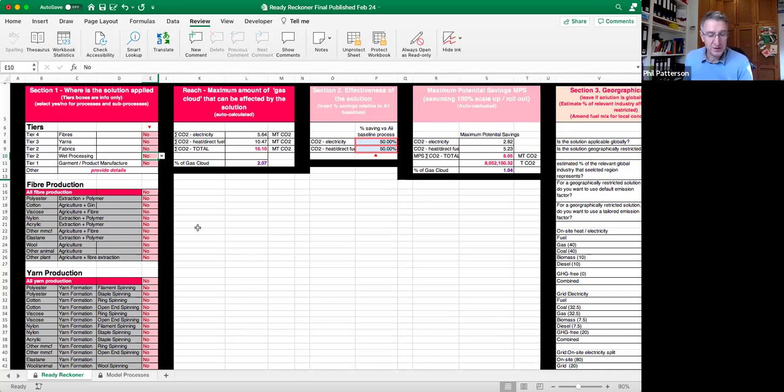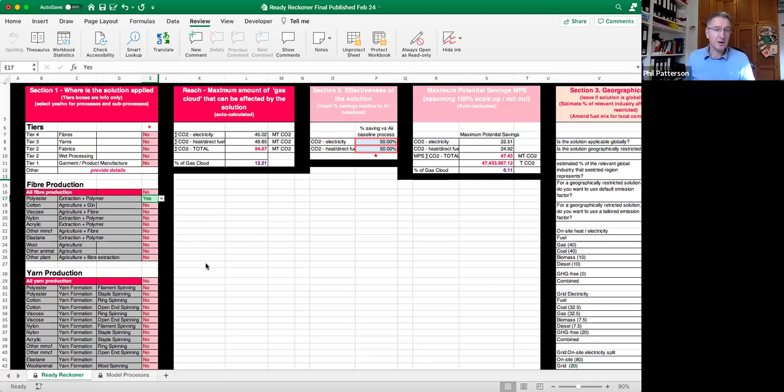Now, the benefits are delivered at the fibre stage because we are not making virgin polyester, because we're reusing the dyed fibres. And we would also look at the dyeing and finishing. We've still got to make yarns. We've still got to knit fabrics.